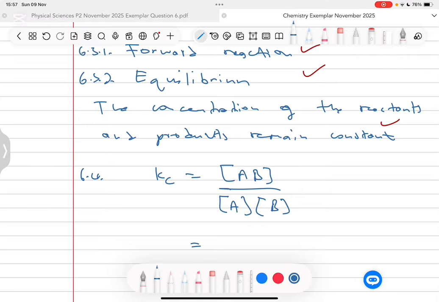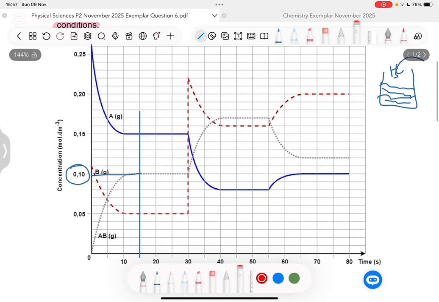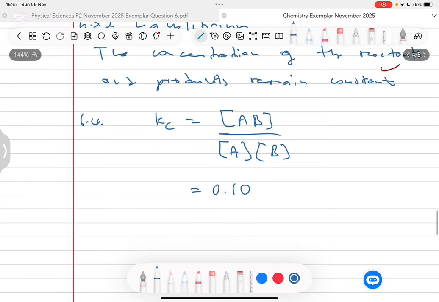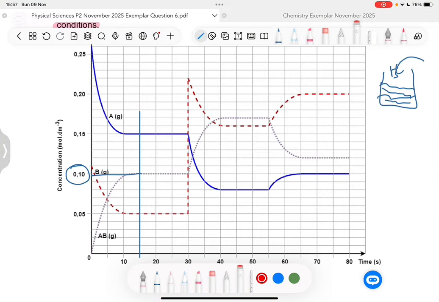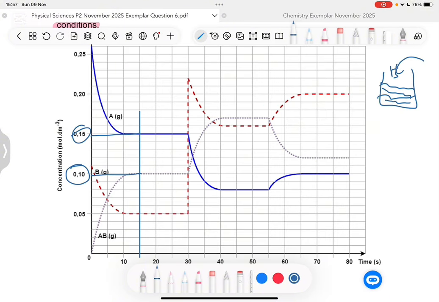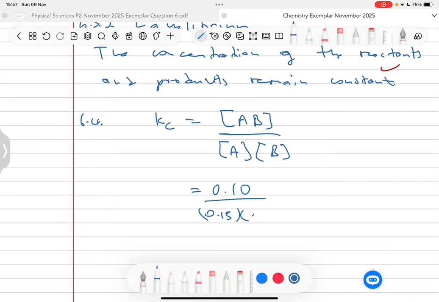AB is measured here as 0.1, so I'm going to plug in 0.1. The concentration of A is measured as 0.15, and the concentration of B is measured to be 0.05.